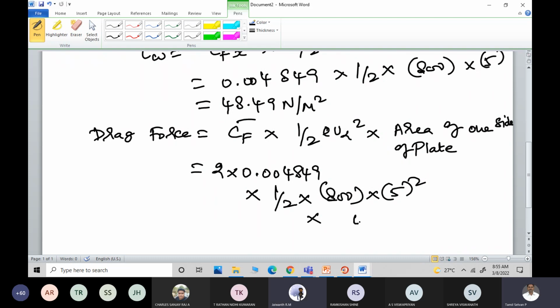One side is 0.375 into 0.250. I'm substituting in meters. This is in meters and this is also in meters. Up to 50 percentage.